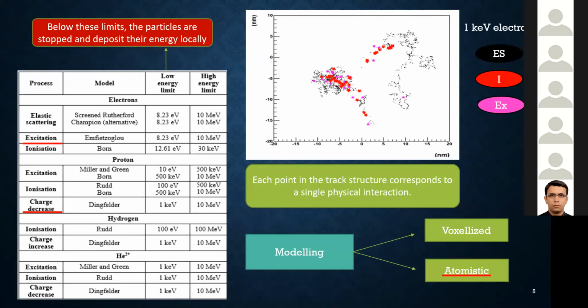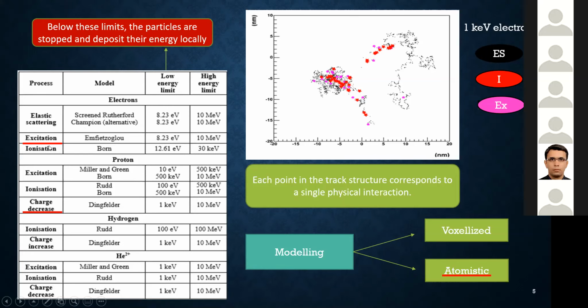As I was saying, these are the process classes. Each particle that Geant4-DNA can model has its own process classes. Until now, Geant4-DNA can have the projectiles electrons, protons, hydrogen, helium ionized one time and helium ionized two times.